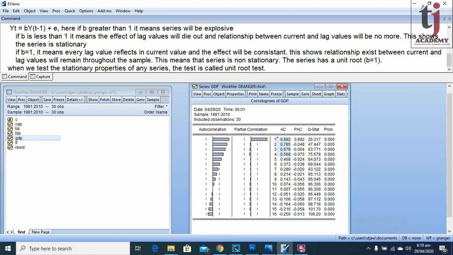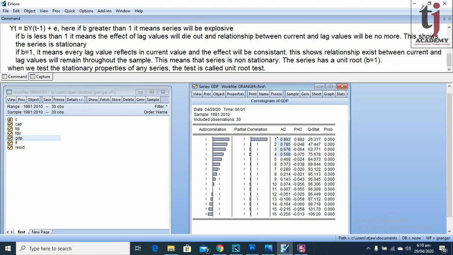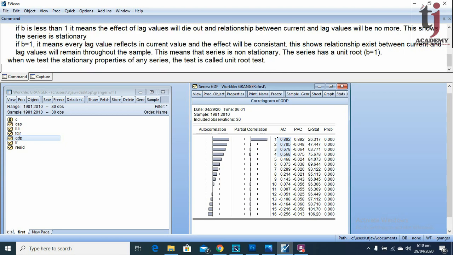So this is the explanation of the unit root test. Now come back to our equation.